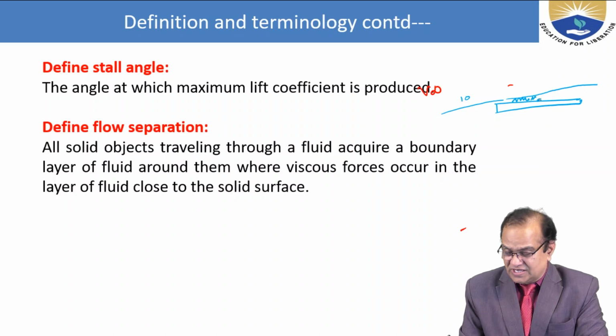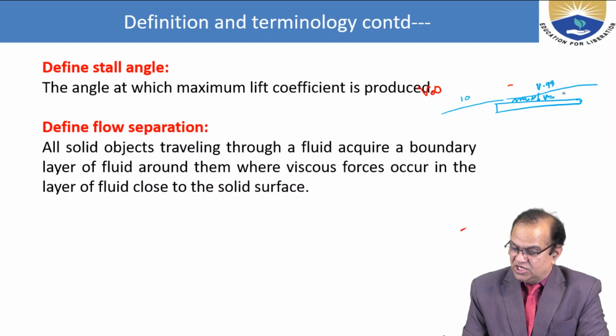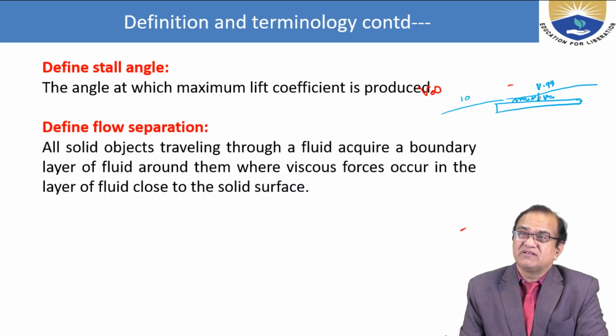At the surface it is V equal to 0, and here it is V equal to 0.99 of the actual V. So this is called the boundary layer thickness, and this flow separation happens because adverse pressure is acting here.